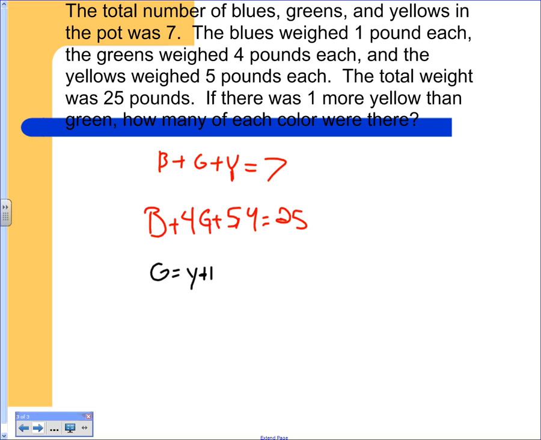Wait, no, I put G plus 1 equals Y. Okay, which is more? More yellow or more green? There are more yellow. So the yellows is more. So we got to add one to make the greens as many. Make sense? Any questions so far?